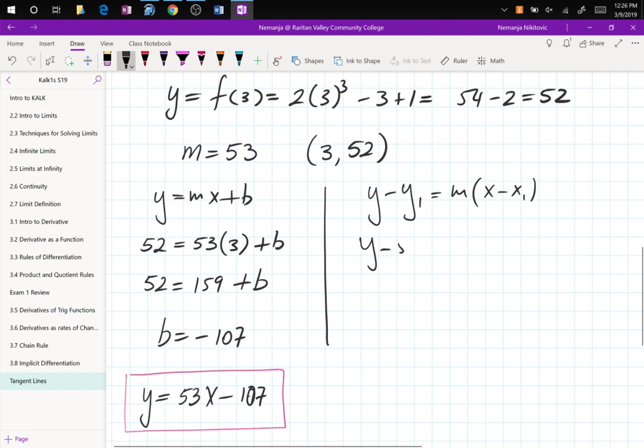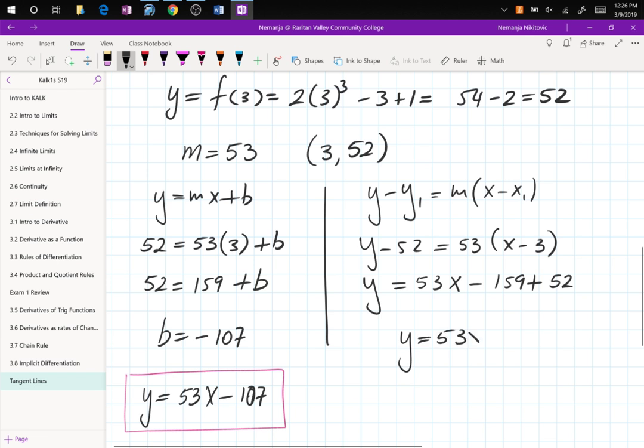So y minus 52 is equal to 53 as a slope times x minus 3. And then you distribute and combine, right? So y is equal to 53x minus 159 plus 52 that you move from the right to obtain the same answer of 53x minus 107.